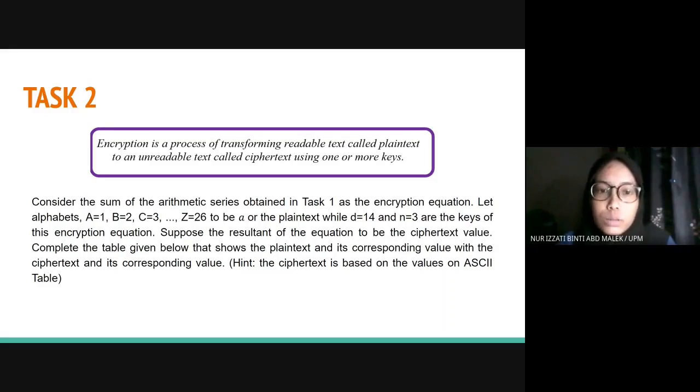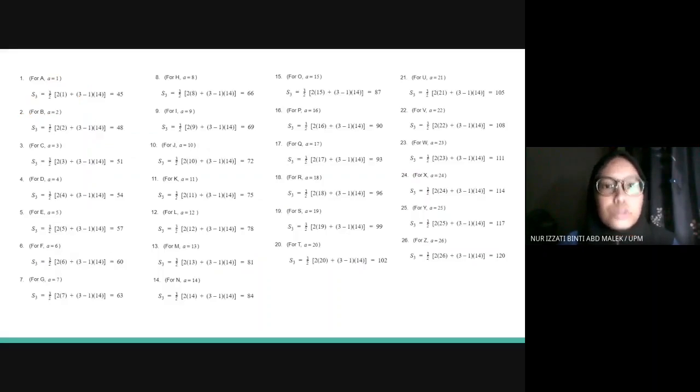So complete the table given below that shows the plain text and its corresponding value with the ciphertext and its corresponding value. We must use the ASCII table. Moving on to our solution, we must compute it 26 times: for A equal to 1, B equal to 2, and so on until Z equal to 26, while n equal to 3 and D equal to 14 are the same for all.